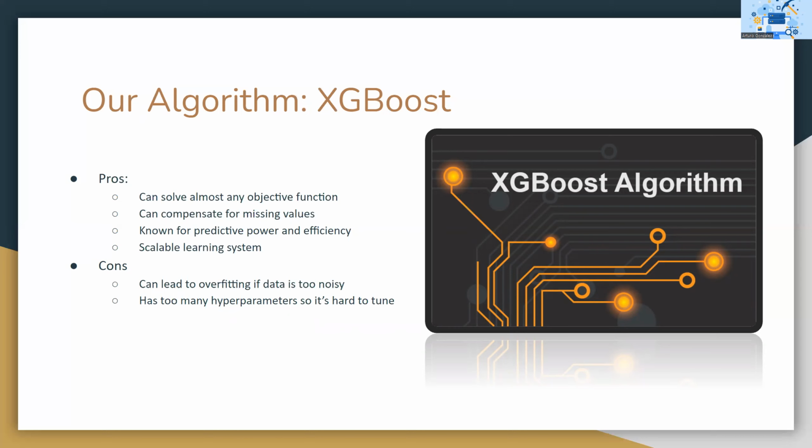So that won't just cause an error, and that won't just cause your algorithm to malfunction or misread information. It's known for its power and efficiency, and it's won a lot of Kaggle competitions. And the reason it has is because it's so great and so efficient.